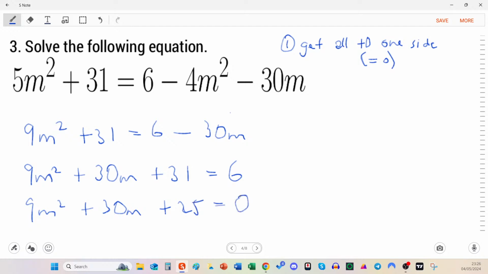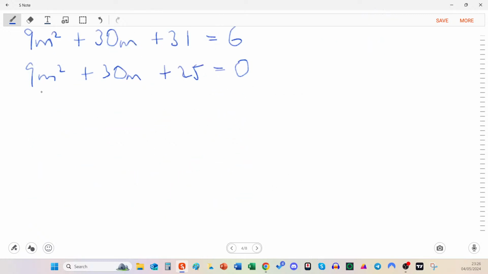Now there's nothing that I can divide through by. At this point, if I found a common factor between 9, 30 and 25, I could just divide it through and it would be pretty sweet because it's equal to 0. So it would have no consequence on our answer, but make our numbers easier. In this case, we don't have that.